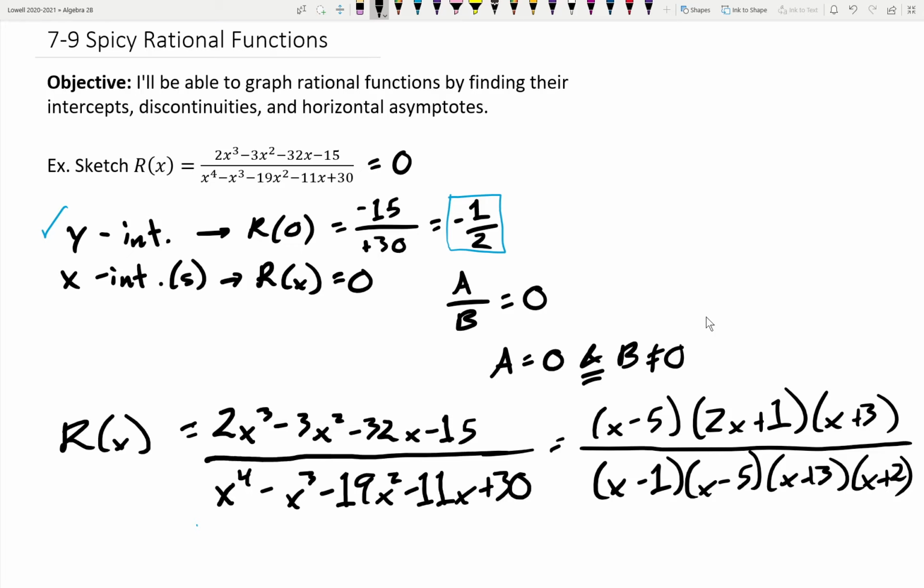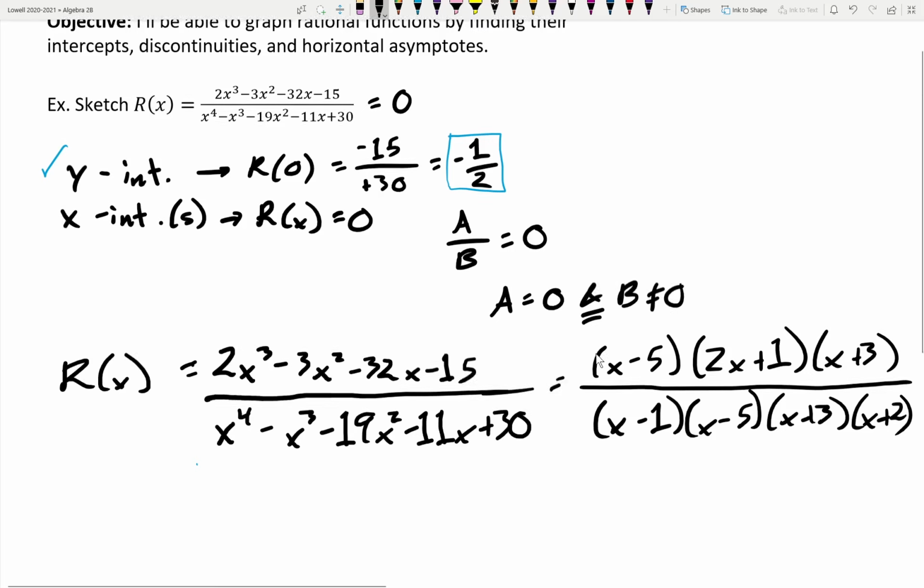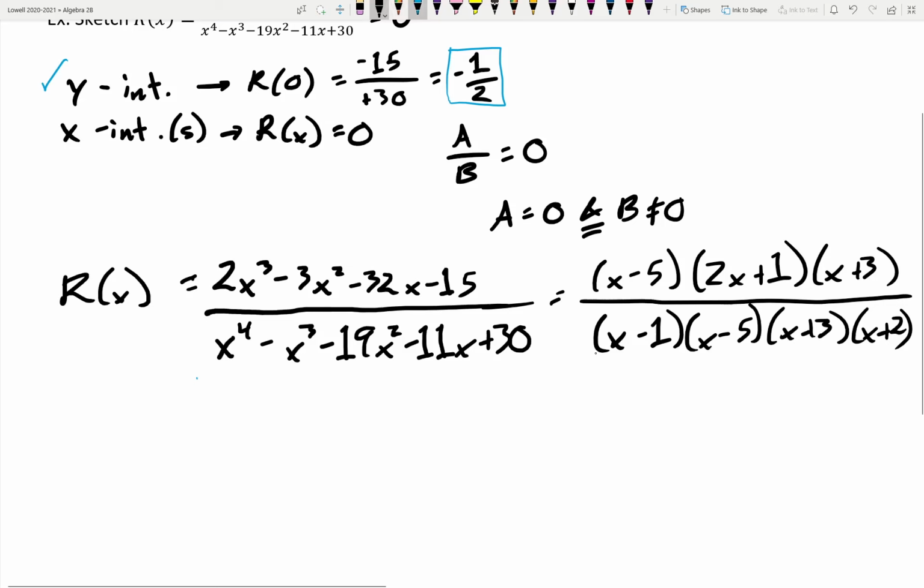Remember that we're trying to find our x-intercepts, which really boils down to finding when our numerator is equal to 0. So when is our numerator equal to 0? That's what I have as A in my little diagram here. My numerator is equal to 0 when x minus 5 is 0, so x equals 5, or x equals negative 1/2 for 2x plus 1, or x equals negative 3 for x plus 3.